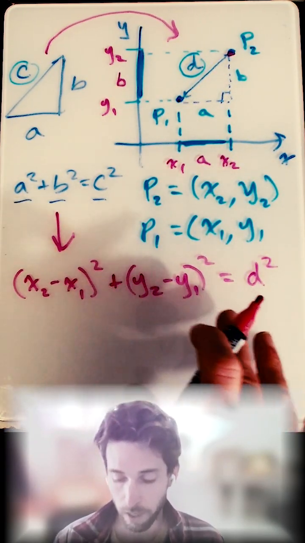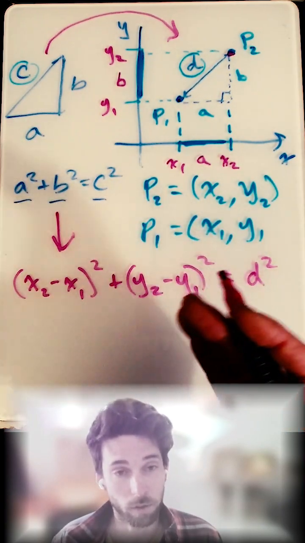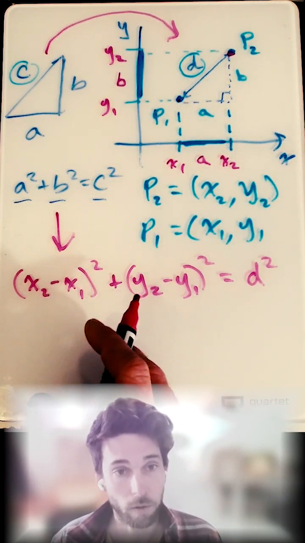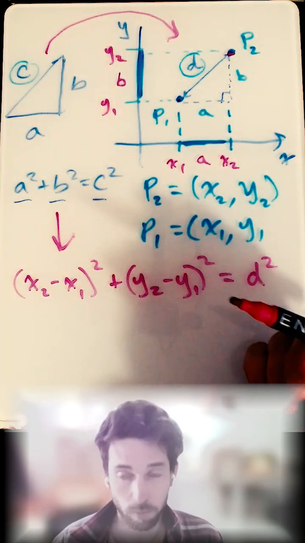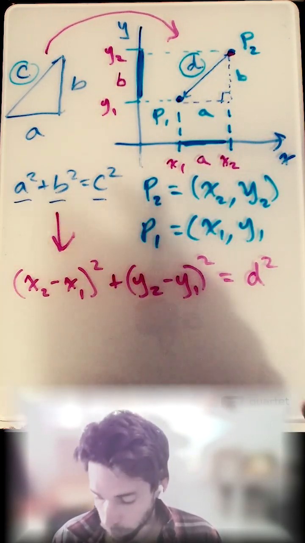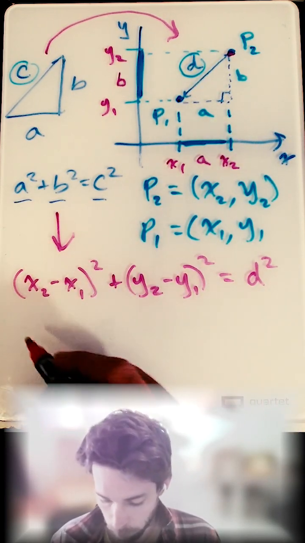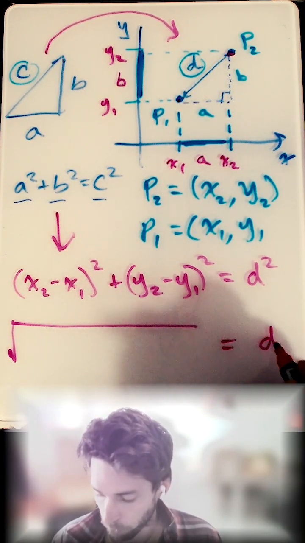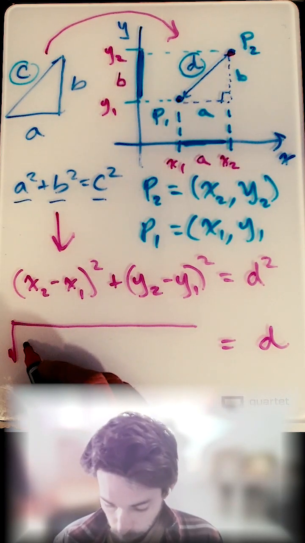So now we have completely rewritten it in another language, really. We're still in math, but it's like translating from one language to another so that we can talk about a shape algebraically. And this is a beautiful concept in mathematics. Now, to complete the formula, we often see it expressed as the square root, so that the d term is on its own.